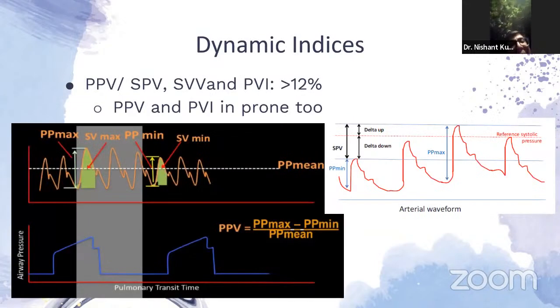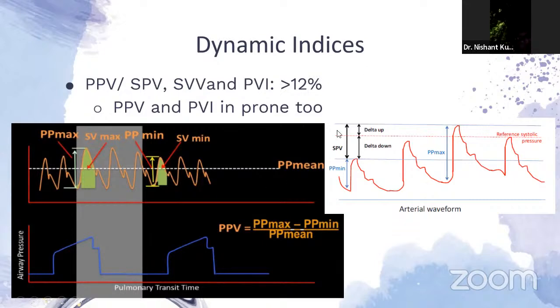Yeah. So the others are minimally invasive and the other ones non-invasive. We have the pulse pressure variation and the plethysmographic variation, stroke volume variation, and pleth variability index. Now, the advantage of pulse pressure variation and pleth variability index is that it is reliable in the prone position as well.